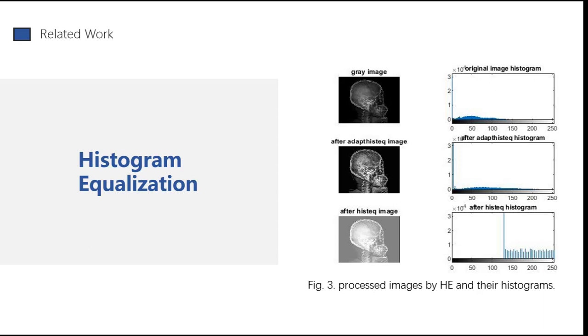The middle one in the left column is processed by the adapthisteq function in MATLAB, which enhances the contrast of the grayscale image by transforming the values using contrast-limited adaptive histogram equalization. And the last image is processed by the histeq function in MATLAB, which transforms the grayscale image so that the histogram of the grayscale image is approximately flat.